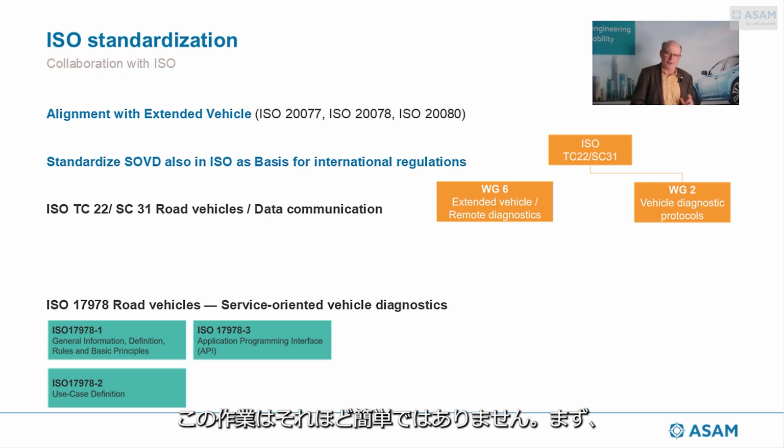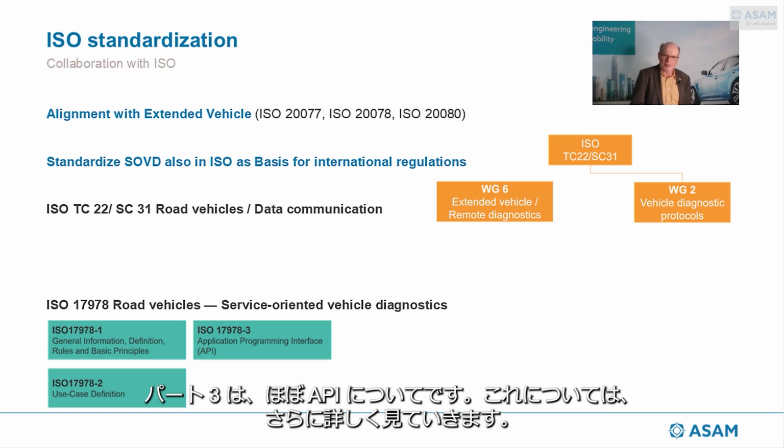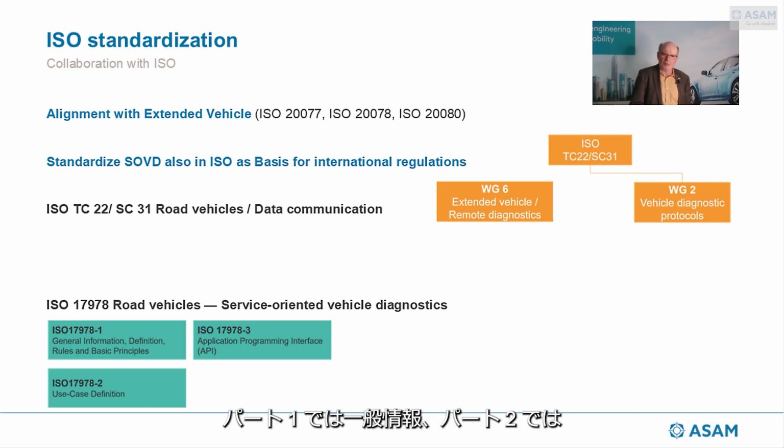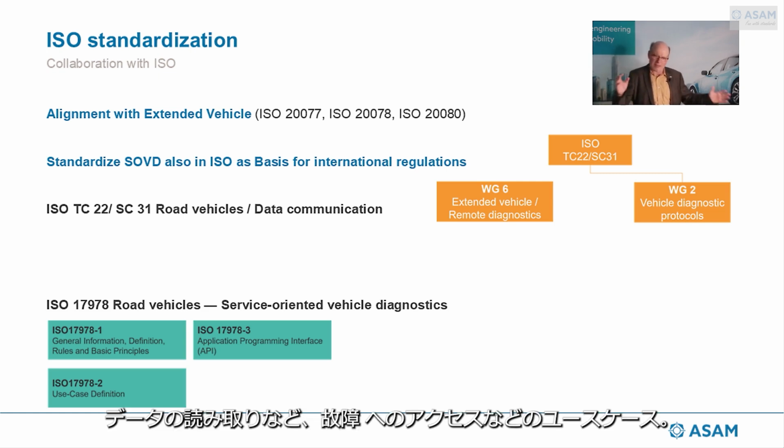The work is not so easy, because first of all, you see that our ASAM SOVD standard is split in 3 parts. Part 3 is more or less the API, which we have looked at in more detail. Part 1 is general information, and part 2 describes the use cases, like access to faults, like reading of data.